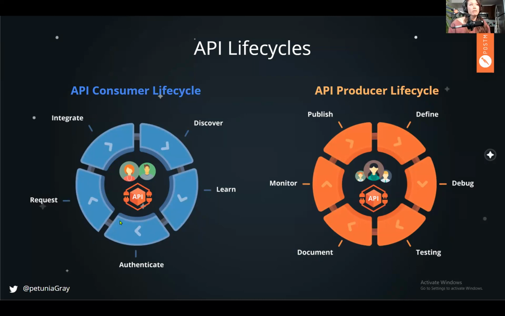And most of the people spend time in the API consumer lifecycle, but today we're actually going to hop over to the API producer lifecycle, the orange donut on the right. So if you have an API, internal private API or public API or partner APIs, whatever type of API, there's a producer lifecycle.